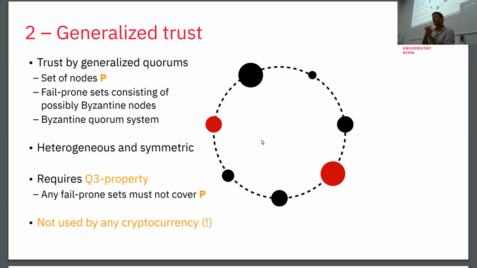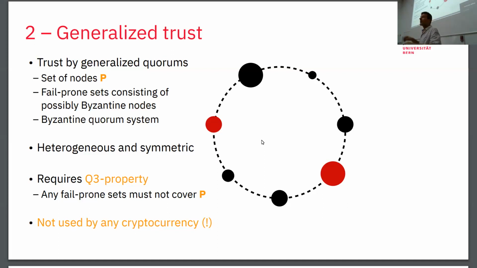In this model, we are going to take a different approach. We're going to say, whom do we want to tolerate in the system? In the previous model, the assumption was that we tolerated all faulty sets. The system remains okay even if any set of f nodes were corrupted.